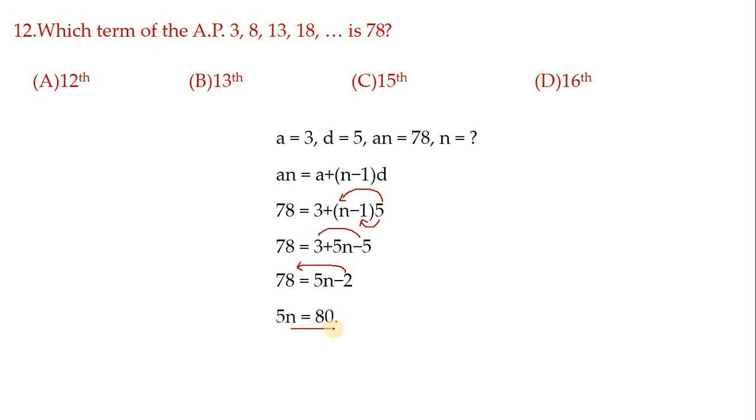I mean 5n is equals to 80. Now 5 transfer this side, 80 by 5. 5 6s are 30. Therefore, n is equals to 16. Correct option is D.